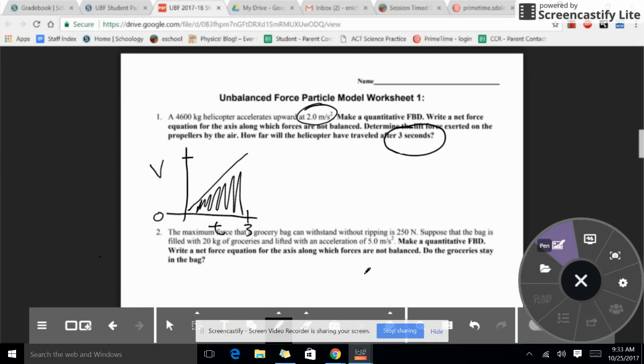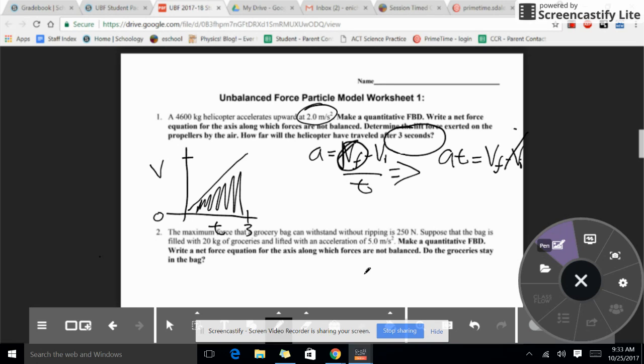Okay, cool. So we know that acceleration equals velocity final minus velocity initial divided by time. Let's solve for velocity final. So acceleration times time equals velocity final minus velocity initial.